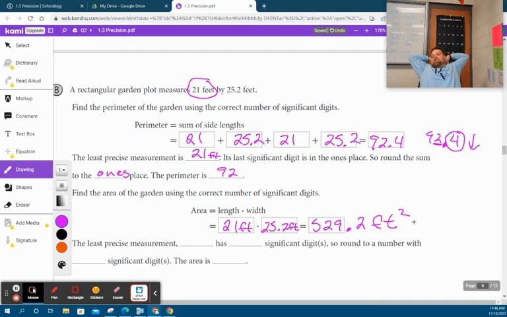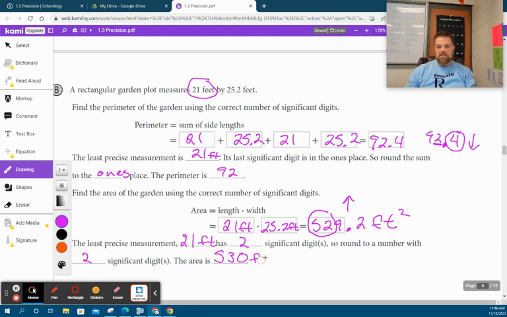The least precise measurement is 21 feet, and that has 2 significant figures. So round to 2 significant digits. So then we look at the first 2. So we're rounding to the tens. So 9 would mean we round up. So the area is 530 feet squared. Does that make sense?